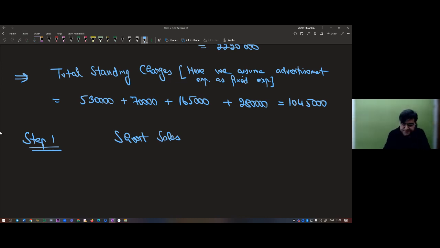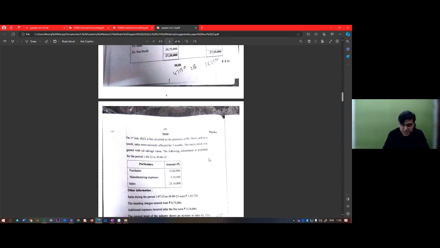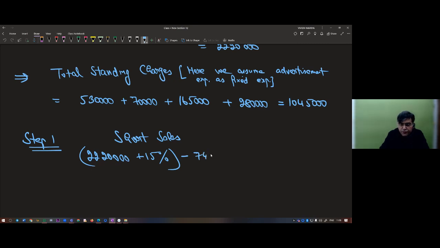Corresponding period standard turnover 22 lakh 20,000 increased by the trend of 15%, minus the turnover of dislocation period, which is 743,750.